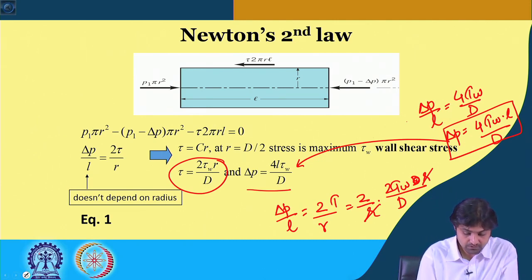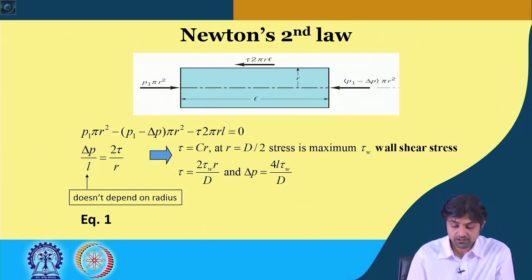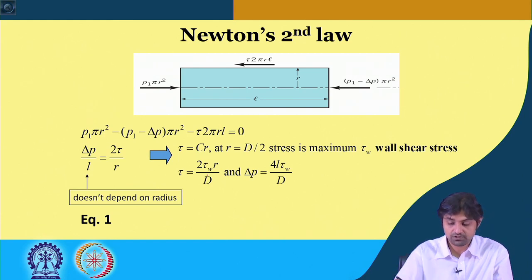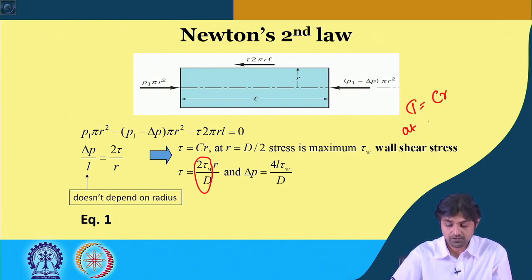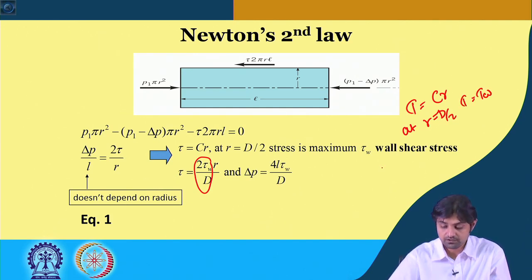Now you would have a question: how did we get C? So let's see, just going back a little bit, you might have a question how this C becomes 2 tau W by D. So see, we have written tau is equal to C r, so at r is equal to D by 2, tau is equal to tau W, correct? So we substitute this in this equation here, we get tau W is equal to C D by 2.